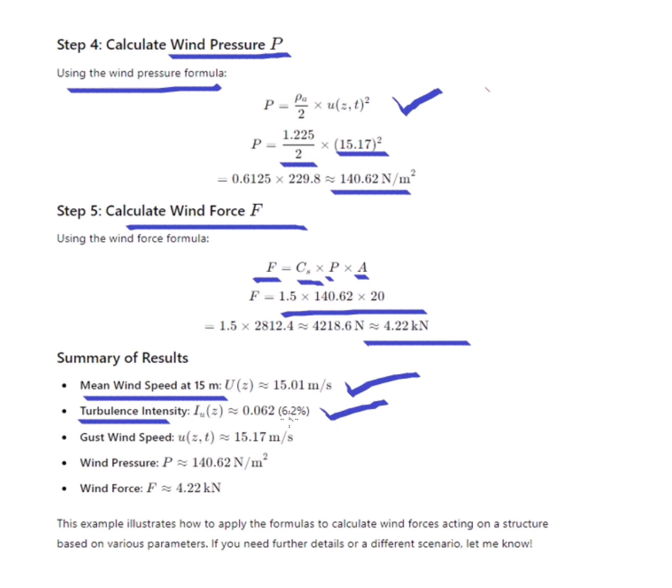This is turbulence intensity 6.2 percent, gust wind speed 15.17, wind pressure 140.62 Newton per meter square, and wind force is 4.22 kN. So this is the example. This example illustrates how to apply the formulas to calculate the wind forces acting on a structure based on these various parameters, right? If you need further details or a different scenario, let me know.